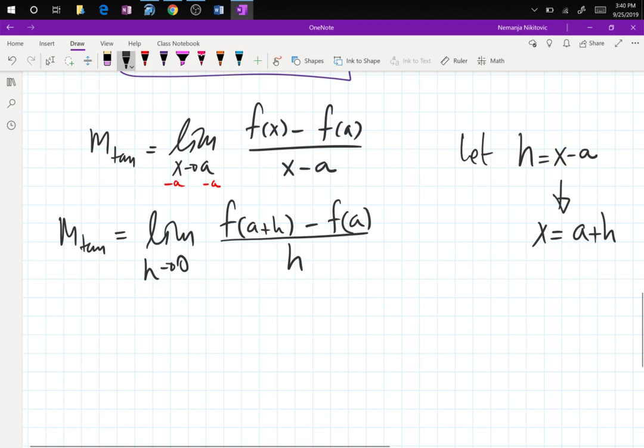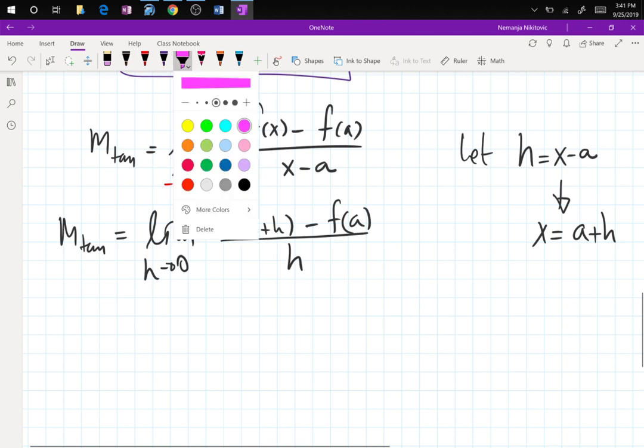What does this remind you of? Or should I say, what is this? We talked about it the first day. And then we talked about it when we did 2.3. What is this?